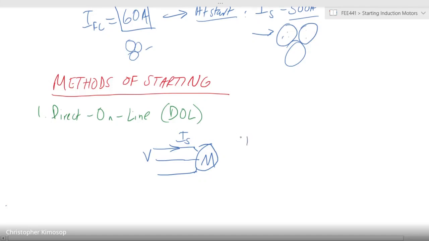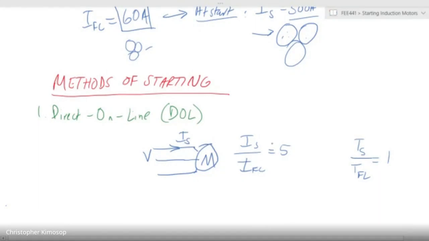Here in this case, as typical, you would have IS over IFL being equal to 5, and it will lead to what we had talked of before, TS over TFL is equal to 1. So your starting torque is roughly equal to your full load torque. However, your starting current is 5 times your full load current.